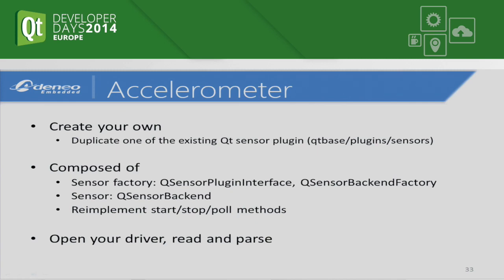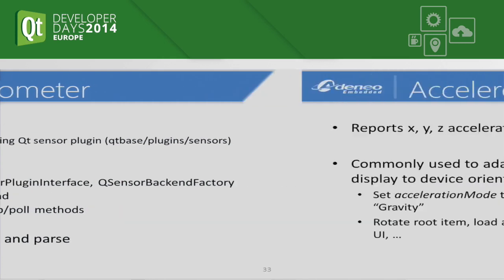And what you will do in this one is re-implement all the start, stop and poll methods to really go and open your accelerometer driver file, and read periodically from this file to bring information back up to Qt. So open the driver, read, and pause.